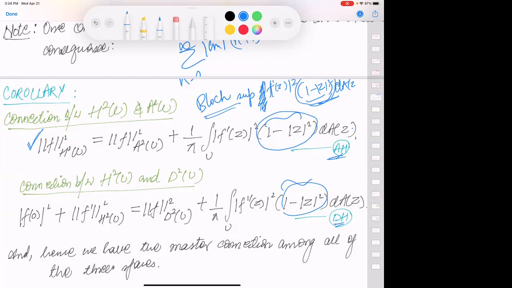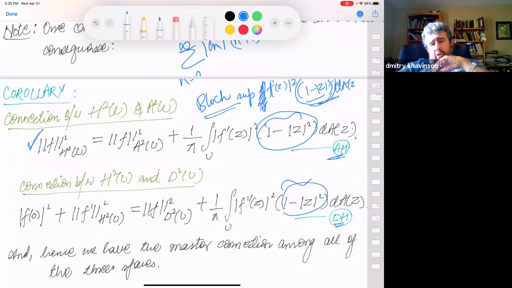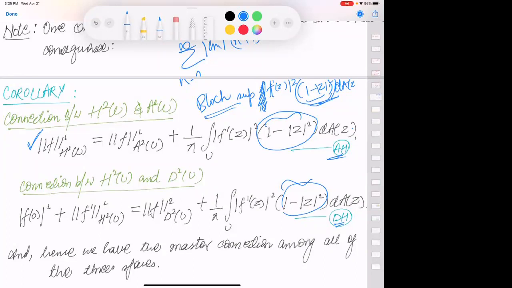But as of now, I have the connection between these three spaces: Hardy, Dirichlet, and Bergman. I don't have any connection with the Bloch space as of now. This is going to be my future study. Sorry, it's Bloch. Yeah, Bloch, Henri Bloch, he's a French mathematician. Okay, thank you, again I apologize.